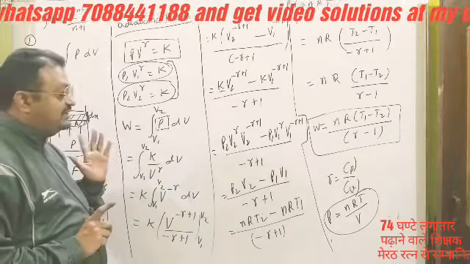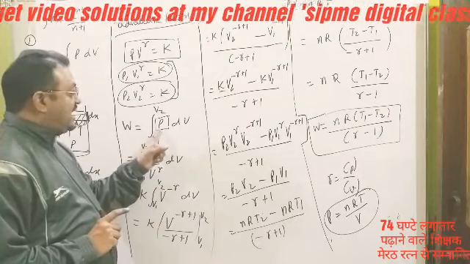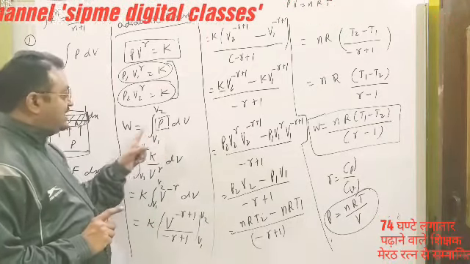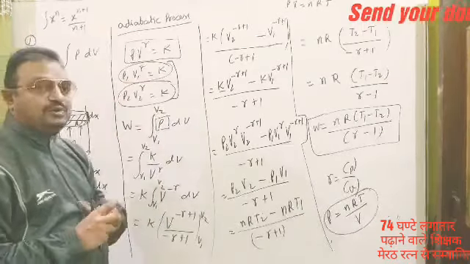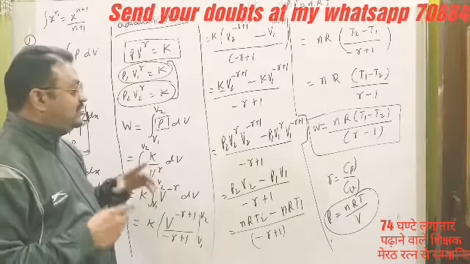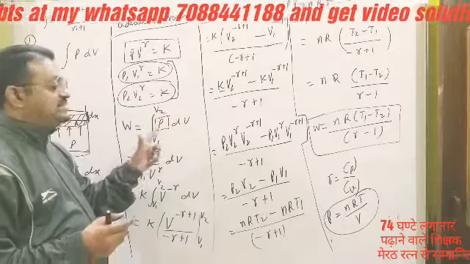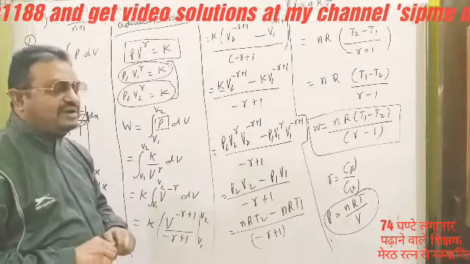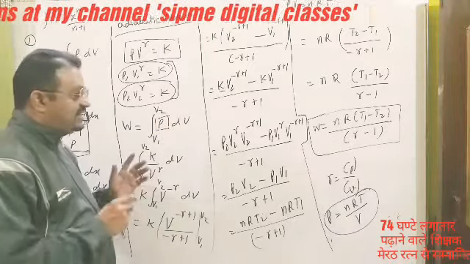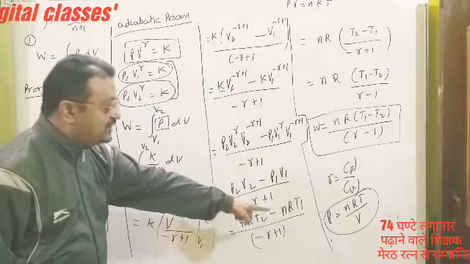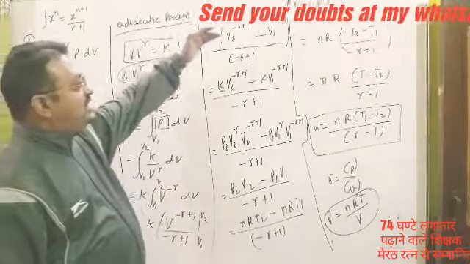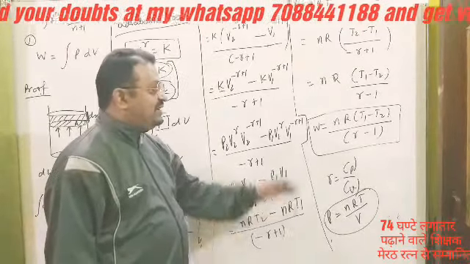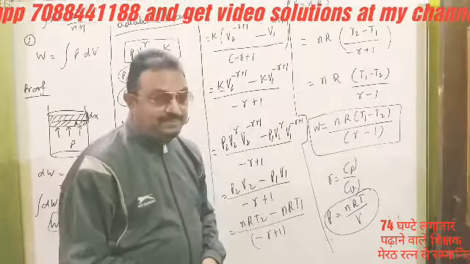But here we didn't do it. Reason: in nRT upon V, nR will be taken common, but T and V both are variable. It is not an isothermal process, temperature will be variable, volume is variable. If two variables are there, it will be very difficult to solve such an equation. Therefore, we are not going to use this equation. We will consider that method in which only one variable is left and we reach till the end.